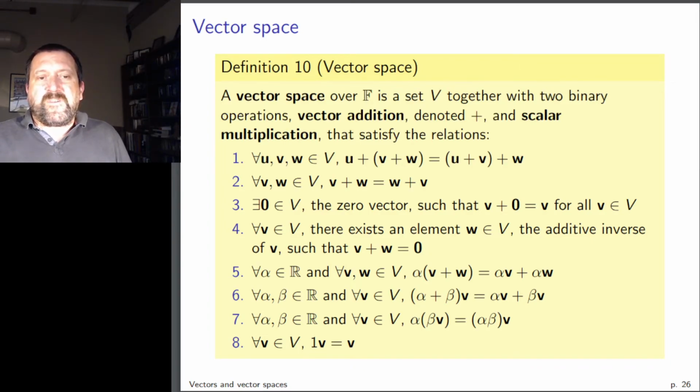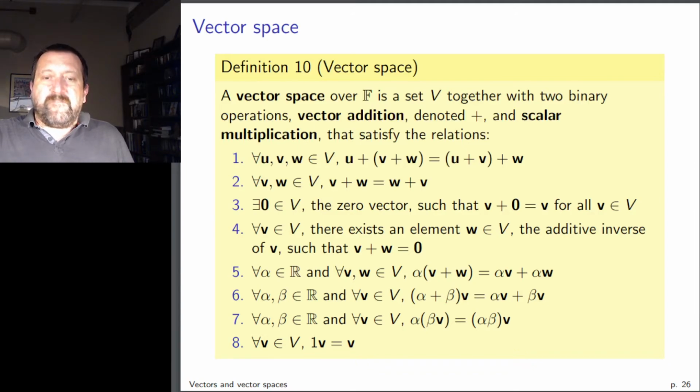If you take two scalars and you add them and you multiply by a vector, it's the same thing as multiplying the vector first by the scalar alpha and then by the scalar beta. Finally, it doesn't matter if you're first multiplying by a scalar and then a vector, or multiplying the two scalars together and then multiplying by the vector.